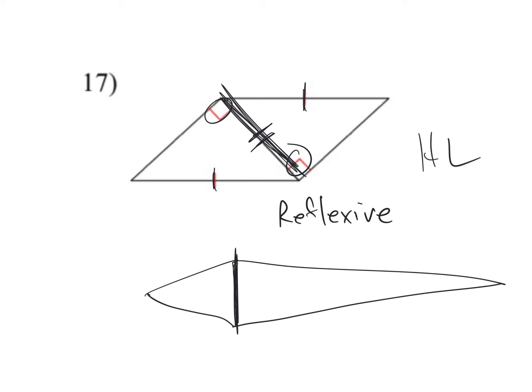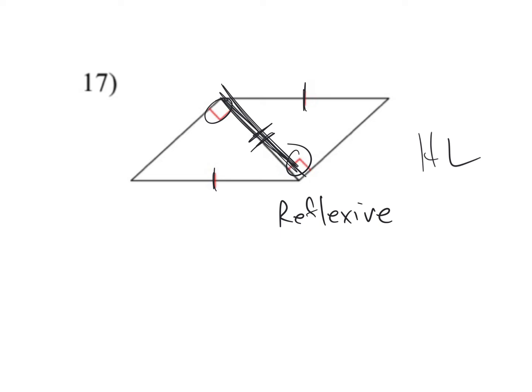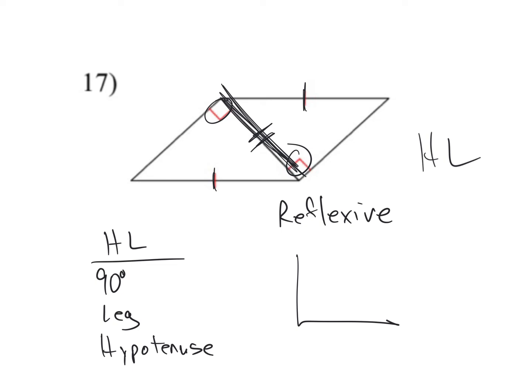Okay, so how you determine if you have hypotenuse leg is you have to have 90-degree angles, and you have to have a leg and the hypotenuse. And the hypotenuse is what students, I think, really struggle with. So we have a right triangle. Your hypotenuse is the longest side of your triangle.